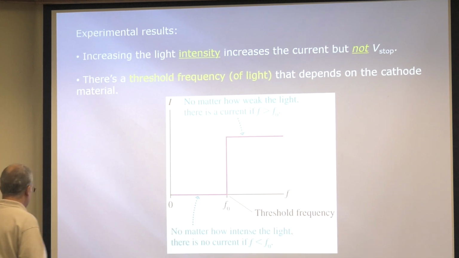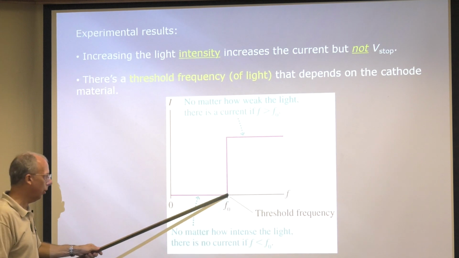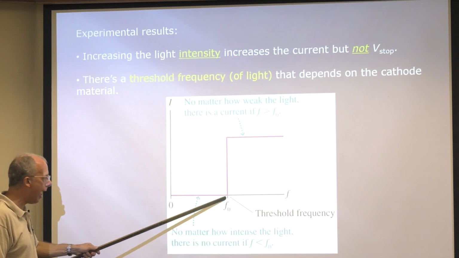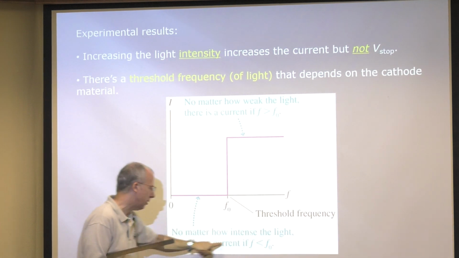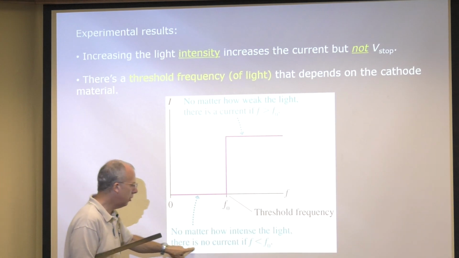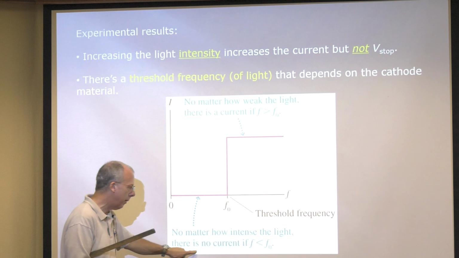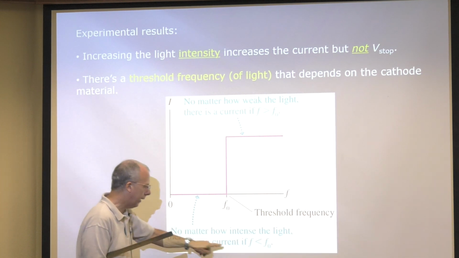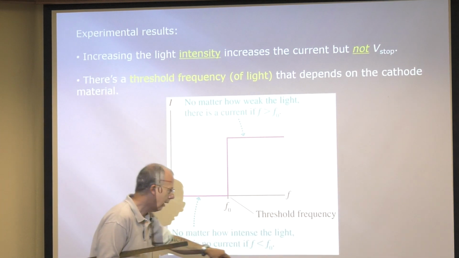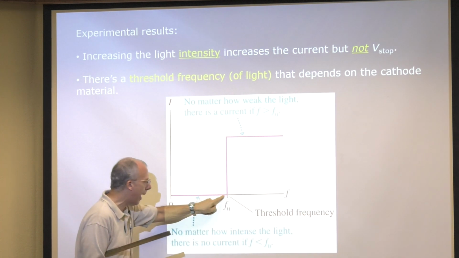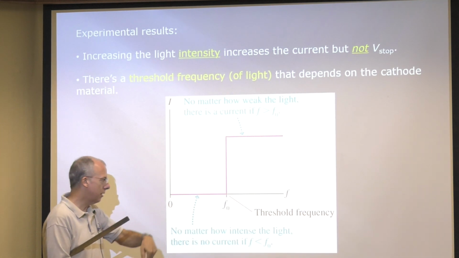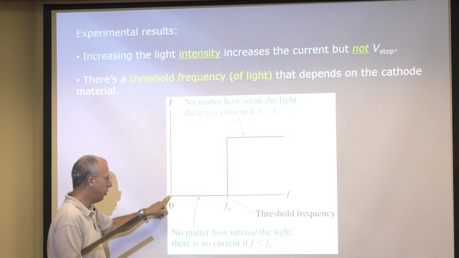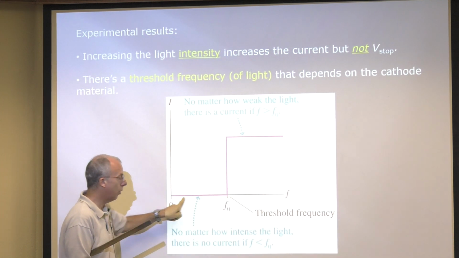So what this says is that there's a threshold, a certain value of the frequency where I don't care how intense the light is, nothing, no current, no electrons will be emitted if the frequency of that light is less than this threshold. So this could be the brightest light you could imagine, but if the frequency of that bright light is less than this threshold, no electrons are emitted, so there's no current.